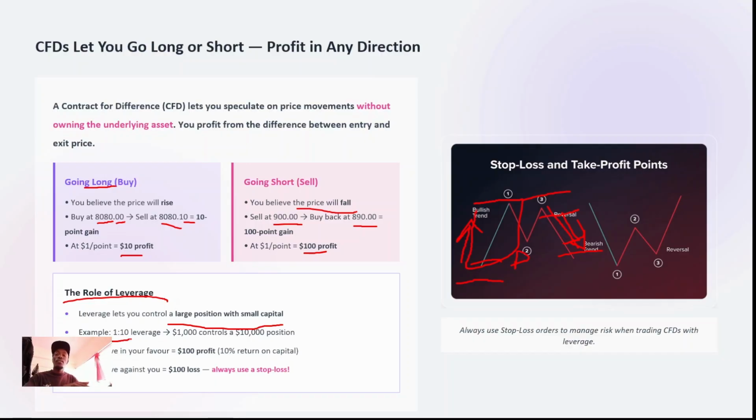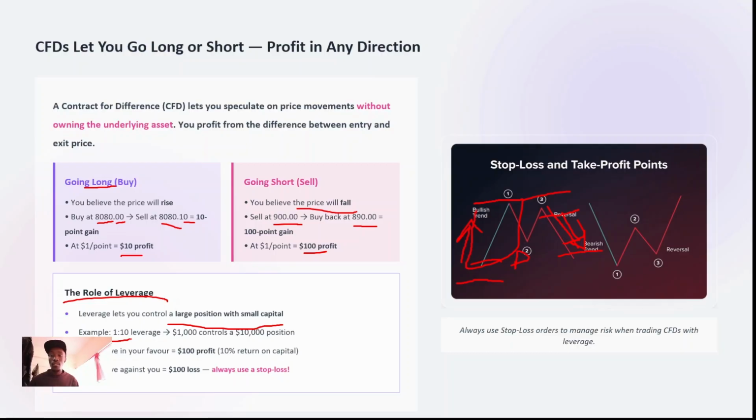The same way I was telling you, if you have 1:1,000 leverage and you have $1, $1 times 1,000, you can control a position of $1,000 with $1.